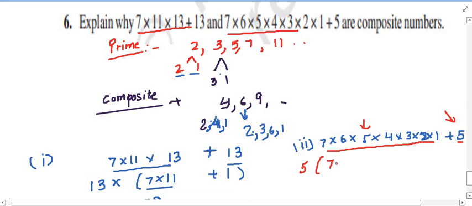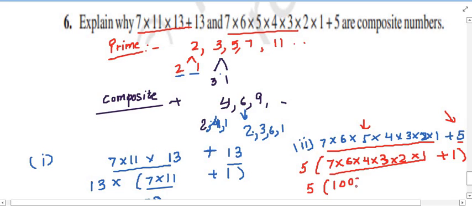So it will be 5 times, 7 times 6 times 4 times 3 times 2 times 1 plus 1. If we simplify this, we will get 5 times 1008 plus 1, which will be equal to 5 times 1009. So it is a composite number.